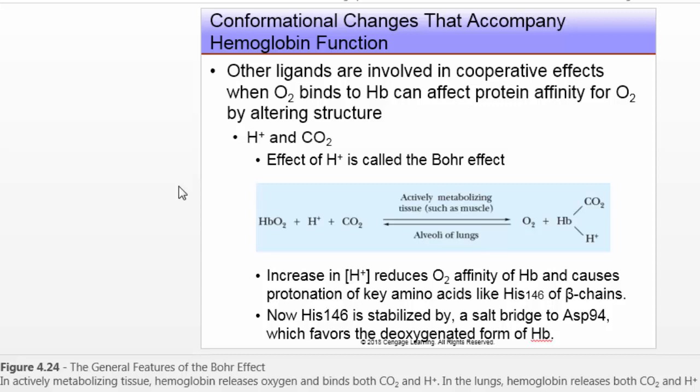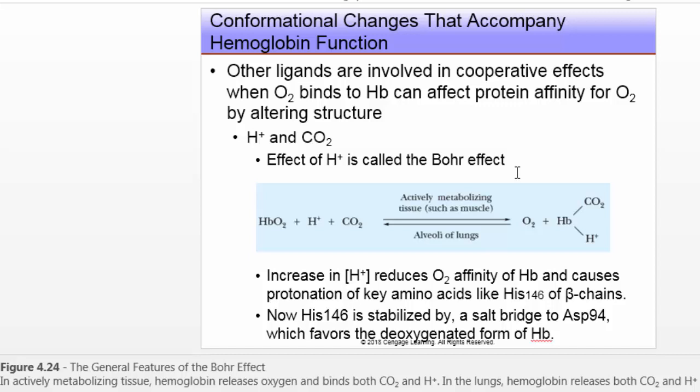The effect of H plus is called the Bohr Effect, after its discoverer, Christian Bohr, the father of physicist Niels Bohr. The oxygen binding ability of myoglobin is not affected by the presence of H plus or CO2.